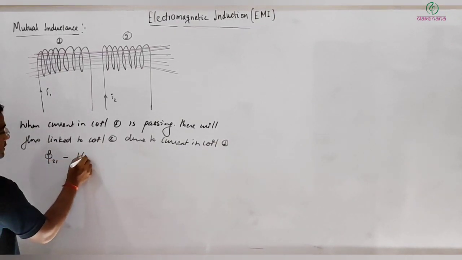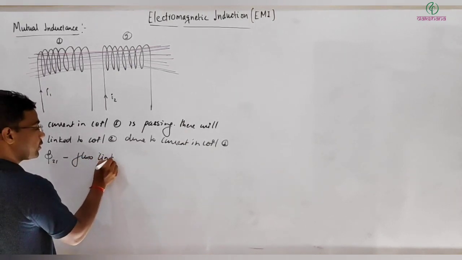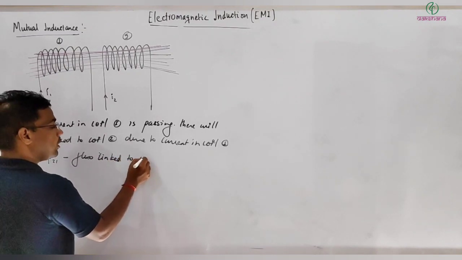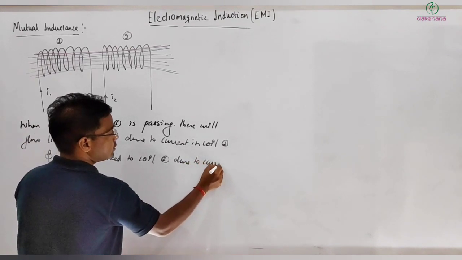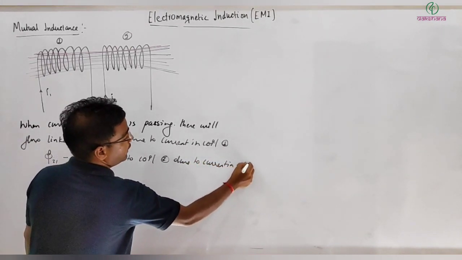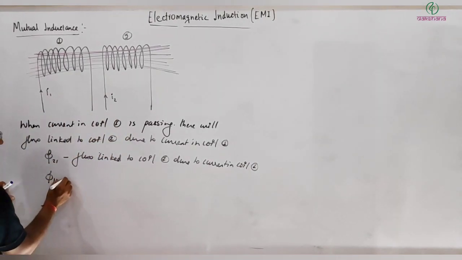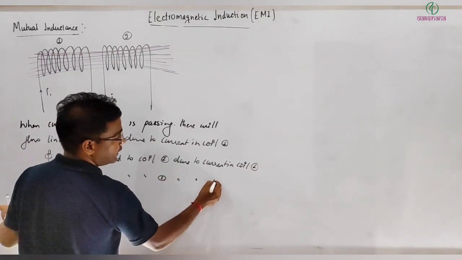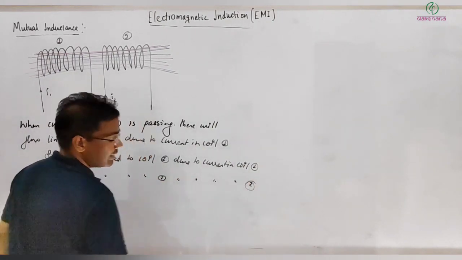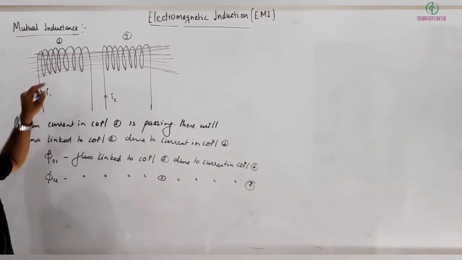This is the flux linked to coil 2 due to current in coil 1. And vice versa, if I say phi 1 2, that means flux linked to coil 1 due to current in coil 2. So this is the flux through coil 2 because of current in coil 1.